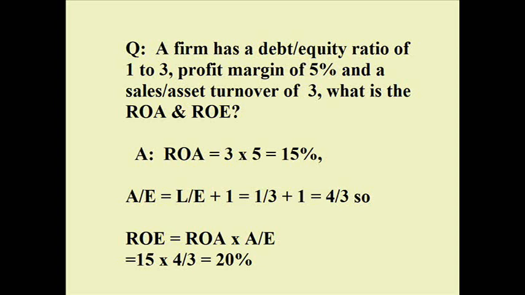Here we have a firm that has a debt-equity ratio of 1:3, profit margin of 5%, sales asset turnover of 3, and again we want to know the ROA, return on assets, and ROE, return on equity. Well, the ROA is 5% times a turnover ratio of 3 gives us 15%. And here's the twist this time.